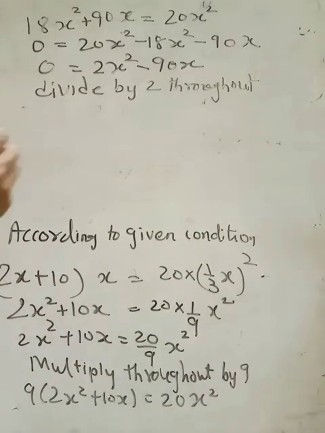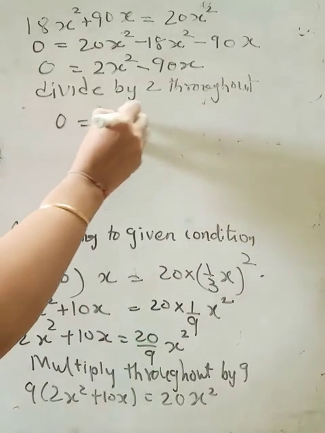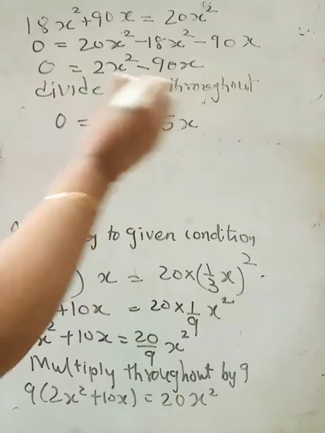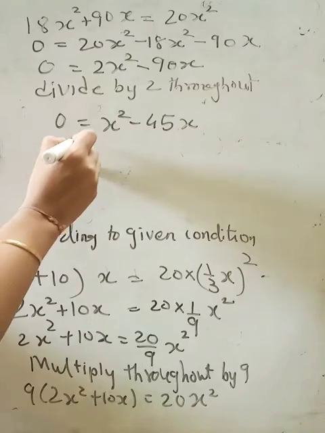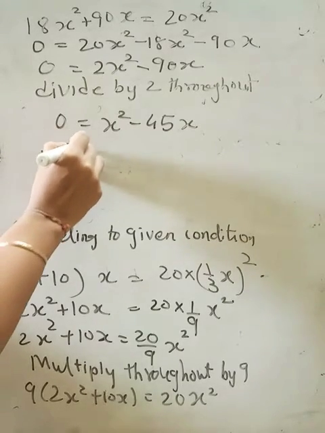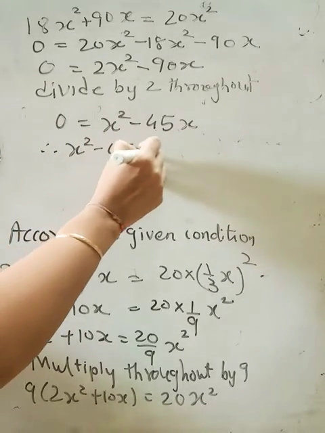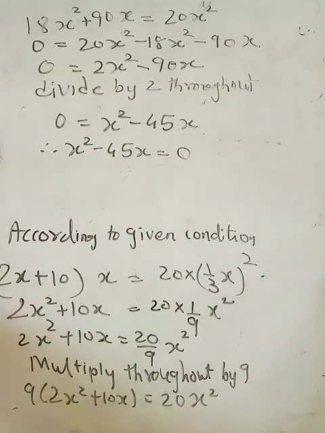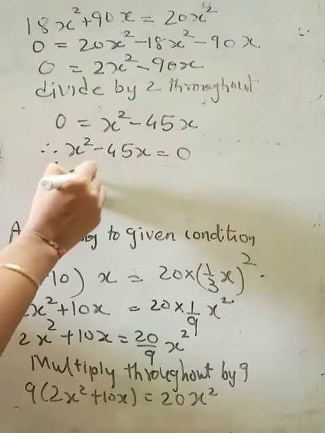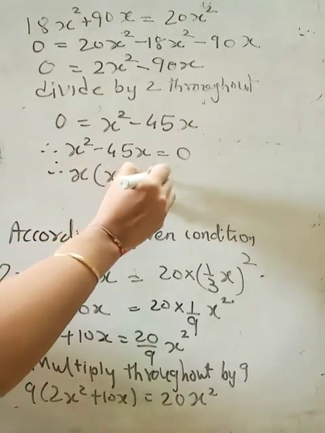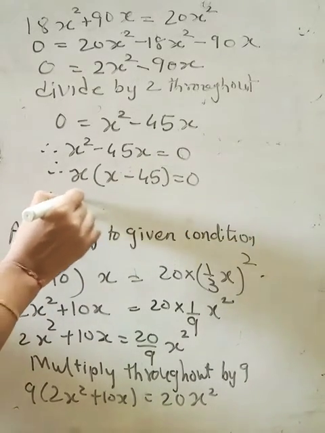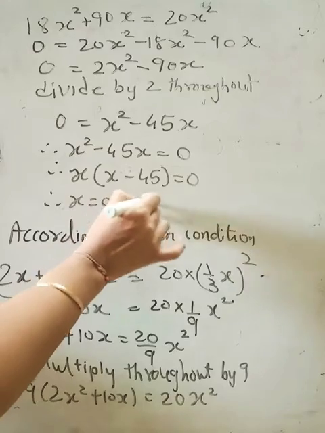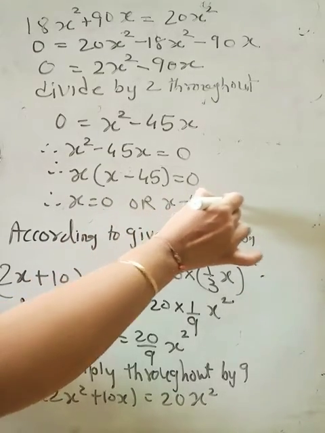So what you are going to have? 0 is equal to x squared minus 45x. Correct? If I write x squared minus 45x is equal to 0, again I can take x common. x into (x minus 45) equals 0. So therefore what? x is equal to 0 or x minus 45 equals 0.